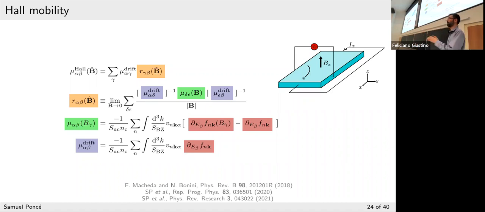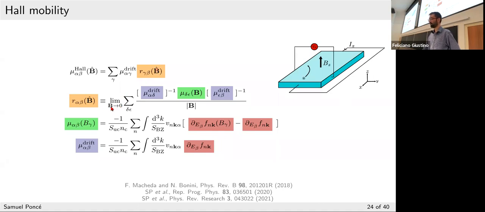But of course, the problem is that you're accelerating the electron, or at least changing their velocity due to this magnetic field. And so you have something called the Hall factor. The Hall mobility is the drift mobility that you've seen before, but you have to multiply by this Hall factor. The Hall factor does not depend on the magnitude of the magnetic field, but it depends on the direction.